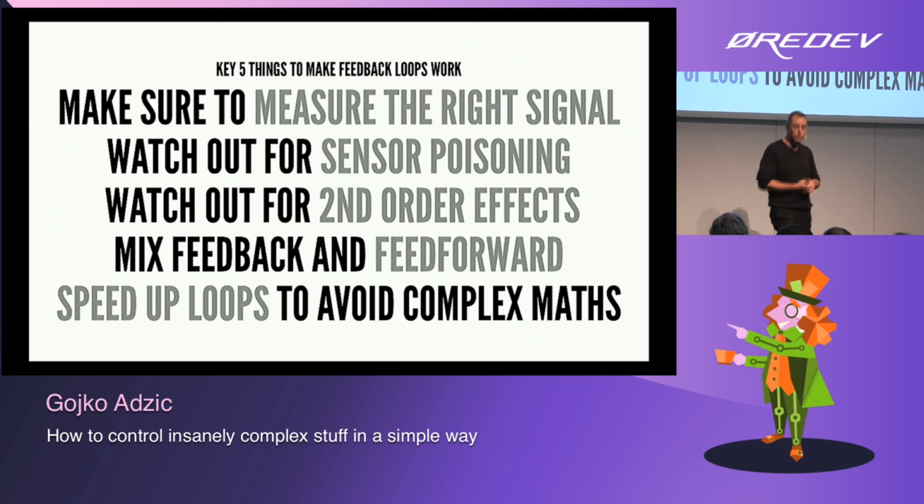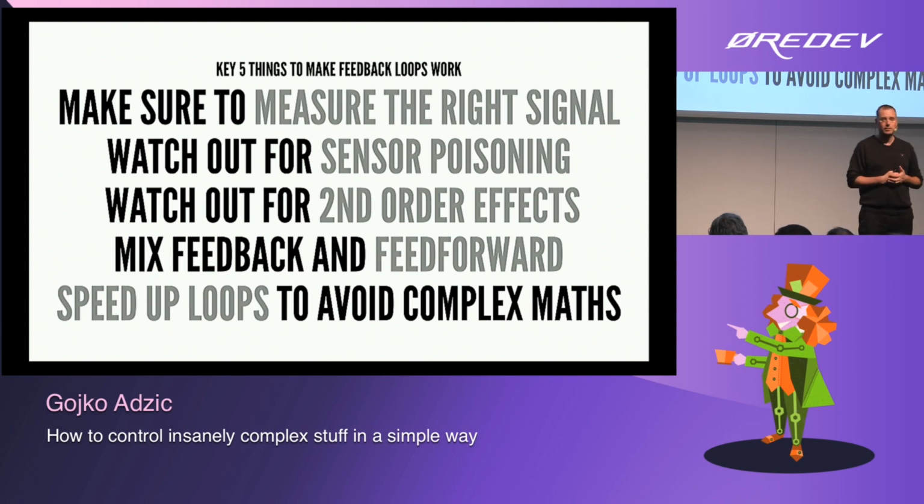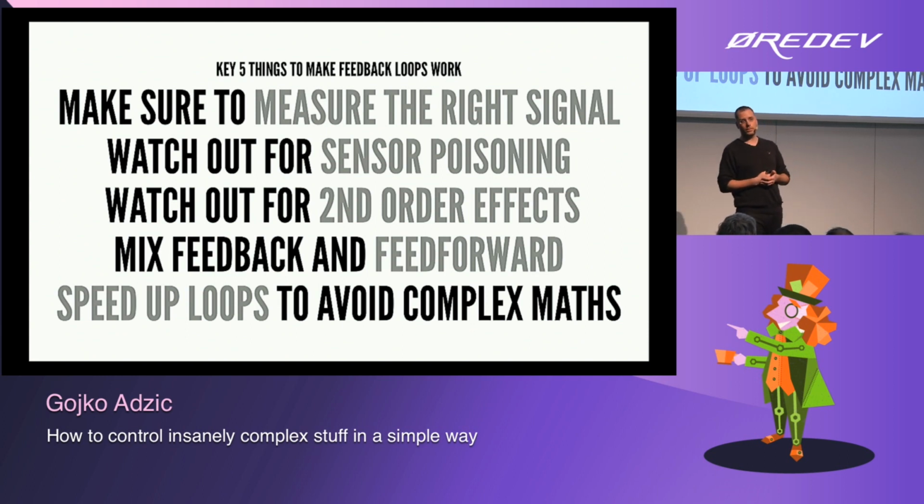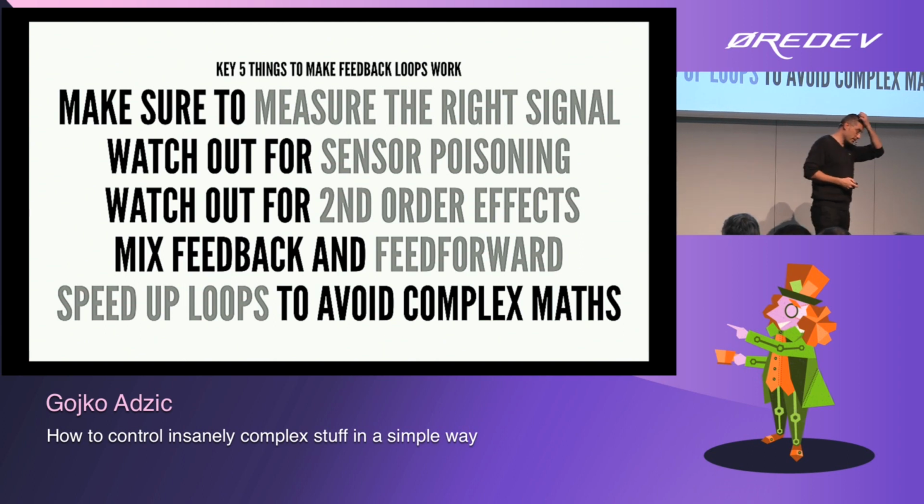You're not Spotify, don't copy their process. That's total feed-forward. And really, unless you are incredibly good at maths and you know something that nobody else does, the best bet you have is to speed up the loop, because speeding up the loop avoids having complicated maths. You can deal with the proportional aspect of this. That's pretty much it.